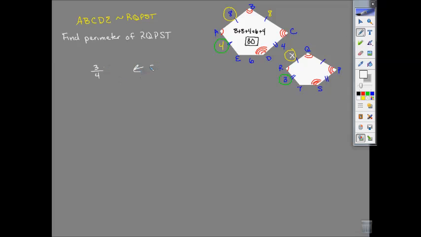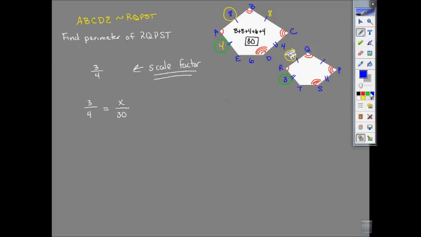This is my scale factor. 3/4. One side's 3, the other side's 4. I don't need to find other missing sides, right? I just need to find the perimeter. Well, I have the perimeter of the 30. And I don't know the perimeter of the small one.